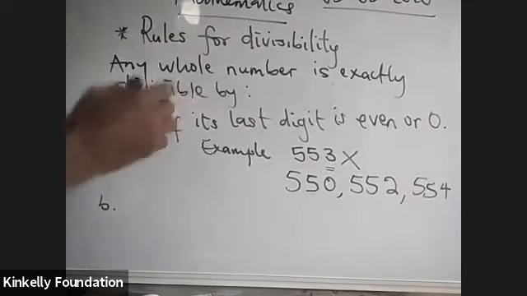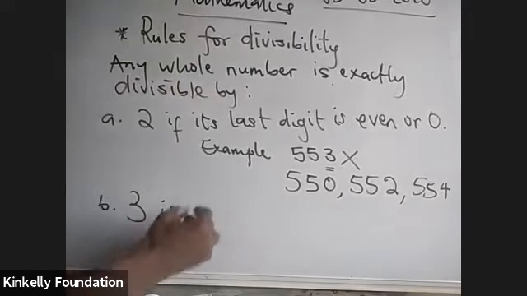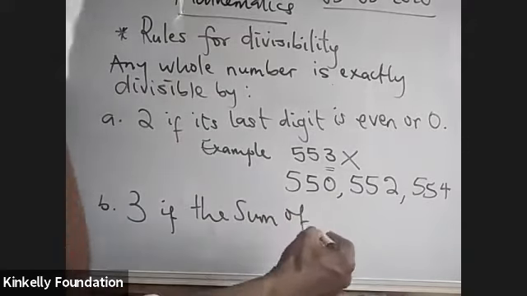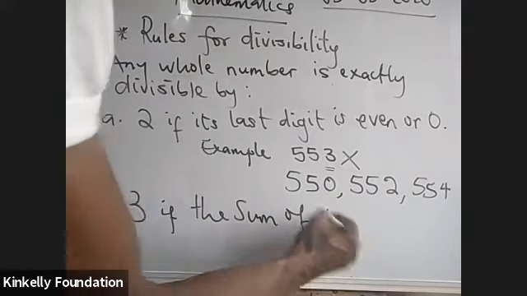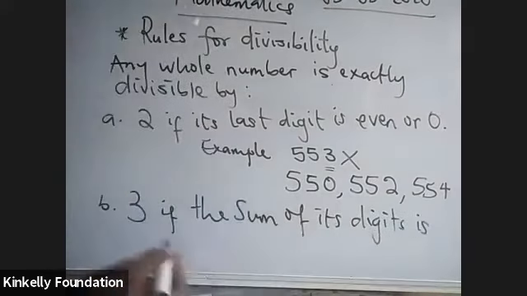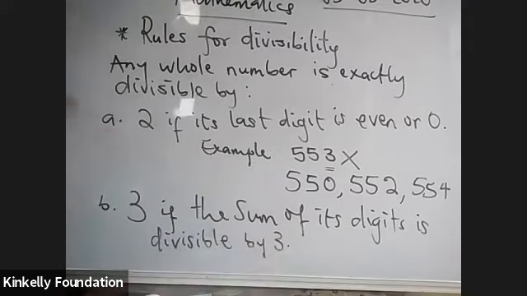Any whole number is divisible by 3 if the sum of its digits is divisible by 3.